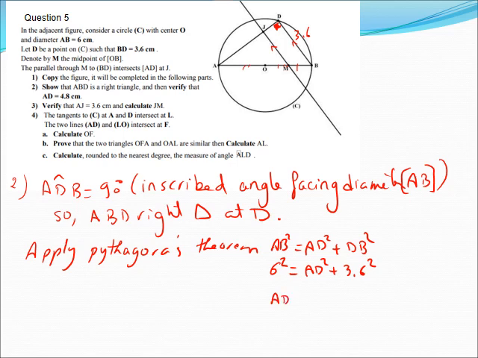So AD squared equals 36 minus 12.96 equals 23.04. So AD equals the radical of 23.04, which is 4.8 centimeters.